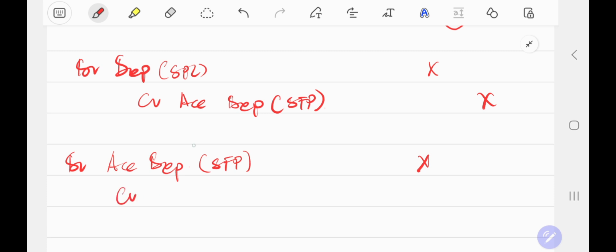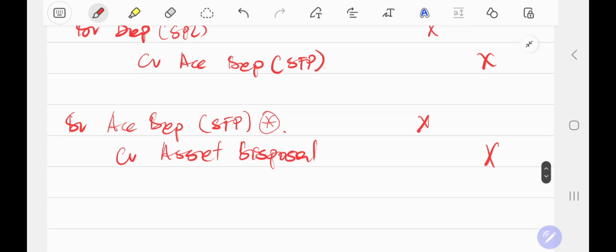And then you are going to credit what? You are going to credit asset disposal. So you are simply saying, I am removing the accumulated depreciation of the asset that I'm selling. Why? Because it's no longer in use, right? So you credit asset disposal here, and then with the amount, right? Which amount do you use here? You use the amount of the balance for accumulated depreciation.